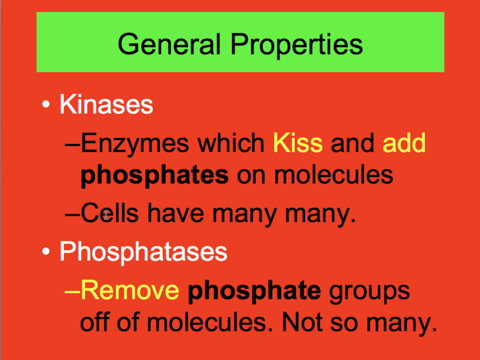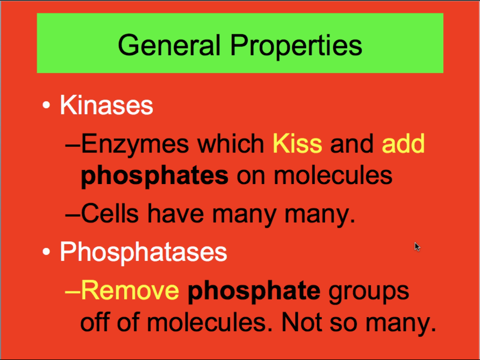And these are very common occurrences within eukaryotic cells. In order to remove phosphates from target proteins, the kinases are unable to do that reaction. So the cell has evolved alternative enzymes called phosphatases, and their job is just to remove the same phosphate group that was added by a kinase to that molecule.